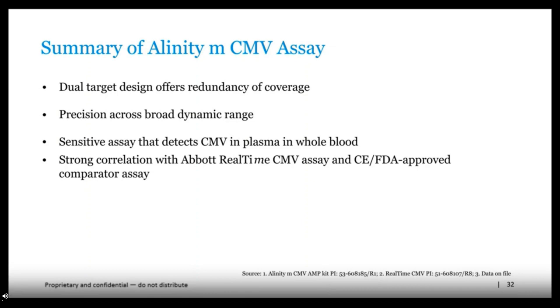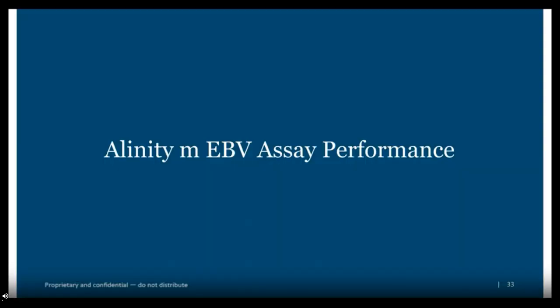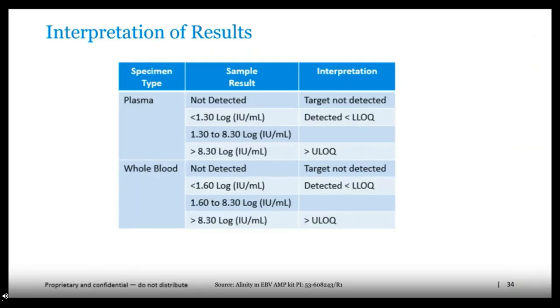Okay, I'm going to move on now to the EBV assay on the Alinity M platform. Same sort of data that I presented for the CMV. We're looking here now at the reportable results and the interpretation of them for both plasma and whole blood.